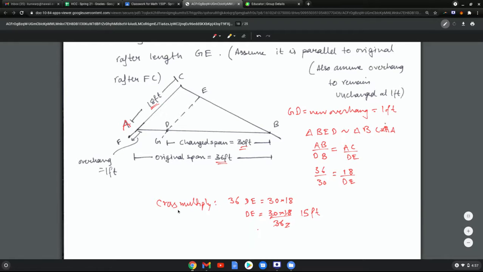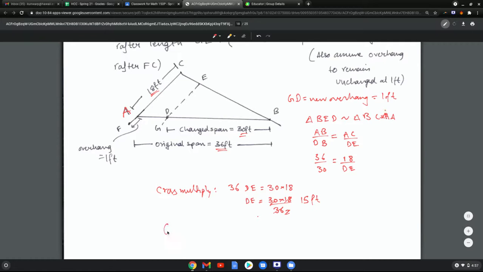But remember, you're trying to find the total length GE, which is DE plus the overhang, which is fixed at 1 foot. So it's 15 feet plus 1 foot, which is 16 feet. Again, box your final result.